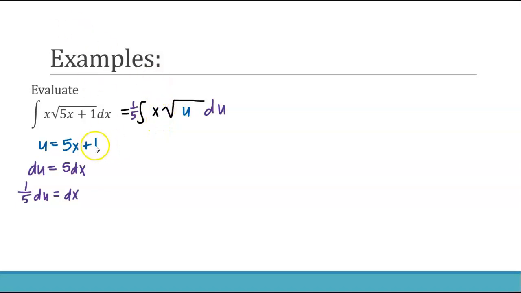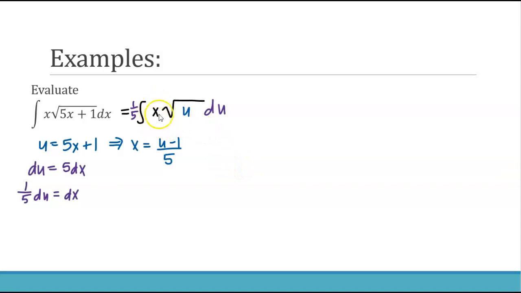Well, if I go back to my original, u was equal to 5x plus 1. So if we do a little bit of rewriting here, we can solve for x. We can subtract the 1 and divide by 5 so that we end up with x is equal to u minus 1 over 5.